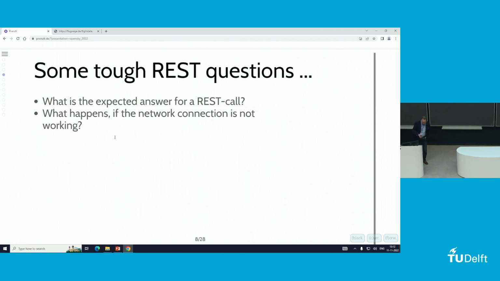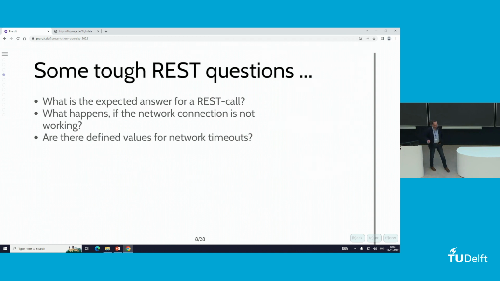But some more tough questions are, what happens if the network connection is not working? What is your software to do? What is supposed to happen if there's no network? Okay, you have to answer that question. You have to say, well, there's an error message coming or some sort of signaling, whatever you want to do. Are there defined values for network timeouts? You have to answer that.